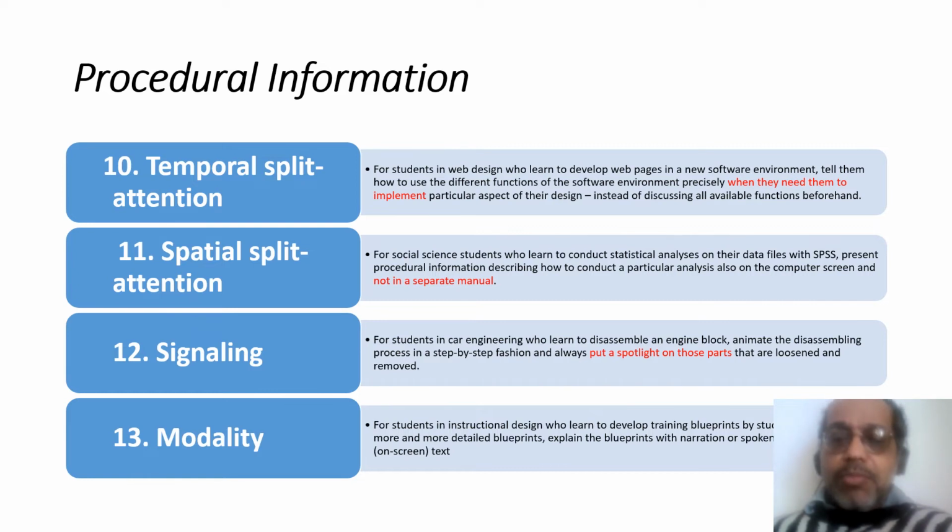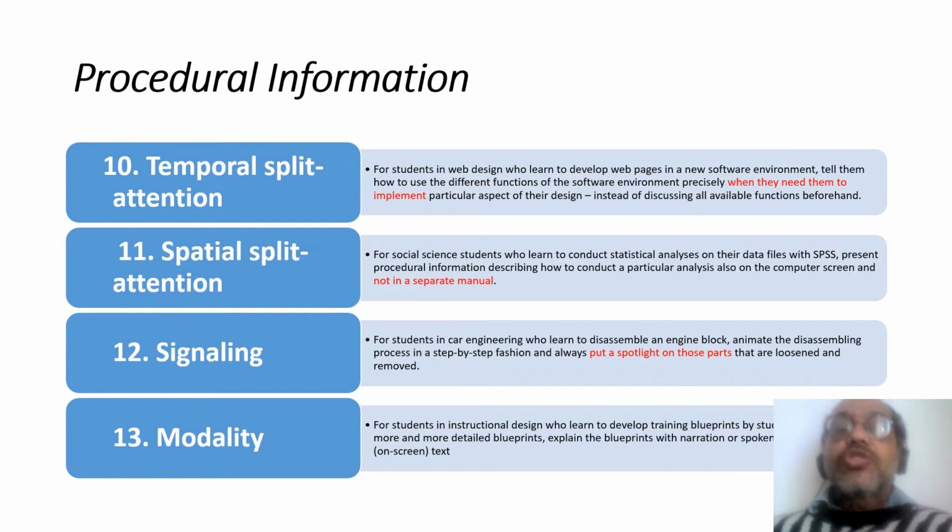If there's a split between when they learn and when they do the task, then they will still be spending cognitive memory, causing cognitive overload by trying to remember what they did back then. You want to bring what they are learning as close to what they have to do as possible, so they don't have to use that memory and they can simply focus on doing the task at hand.